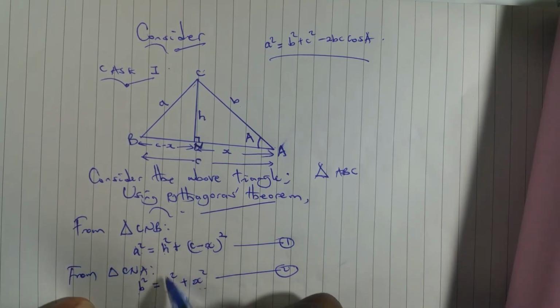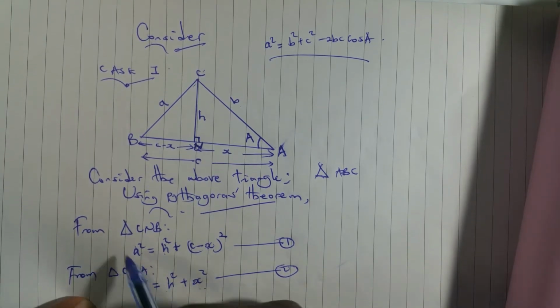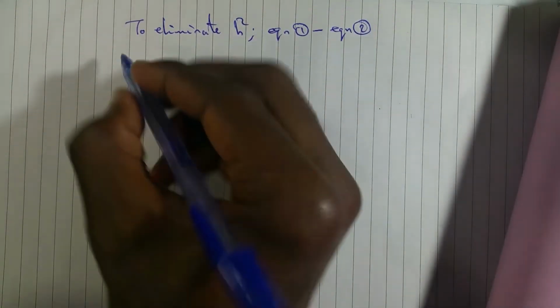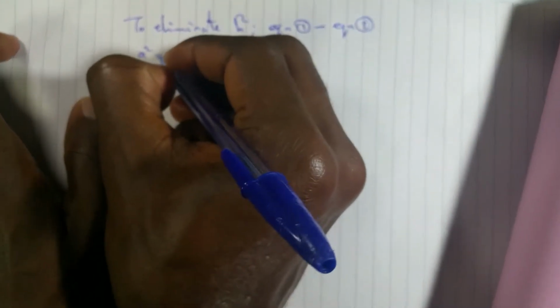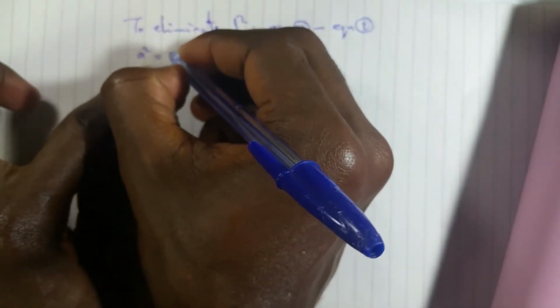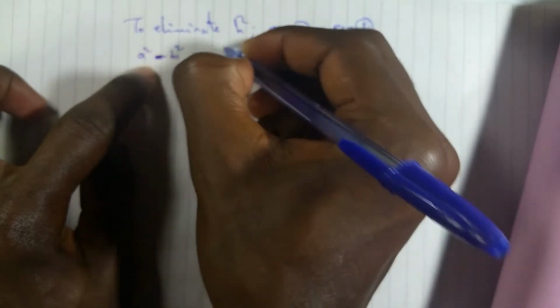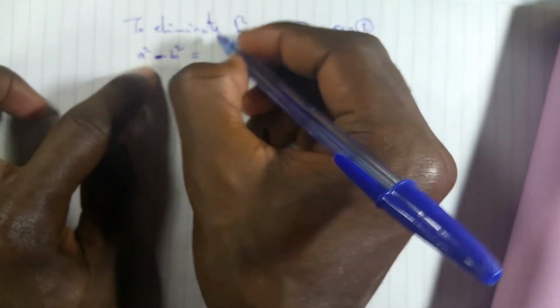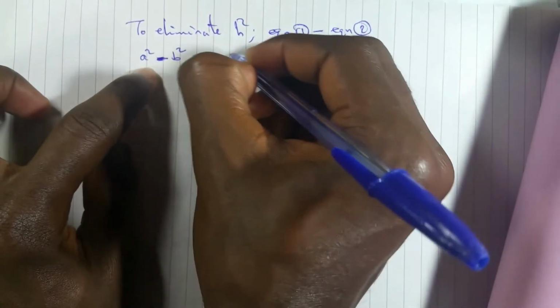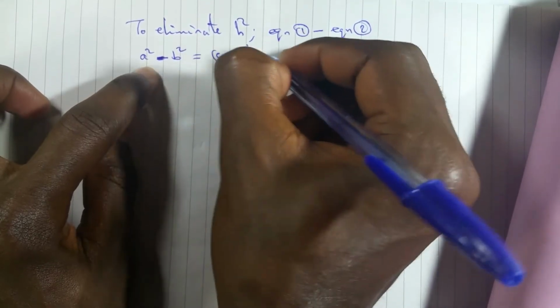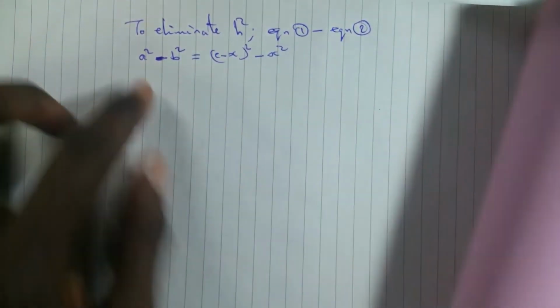You see that our h squared will cancel if you subtract this equation from that equation, so that we are going to remain with a squared minus b squared being given by, h squared minus h squared will of course cancel, then remains c minus x squared minus x squared as well.